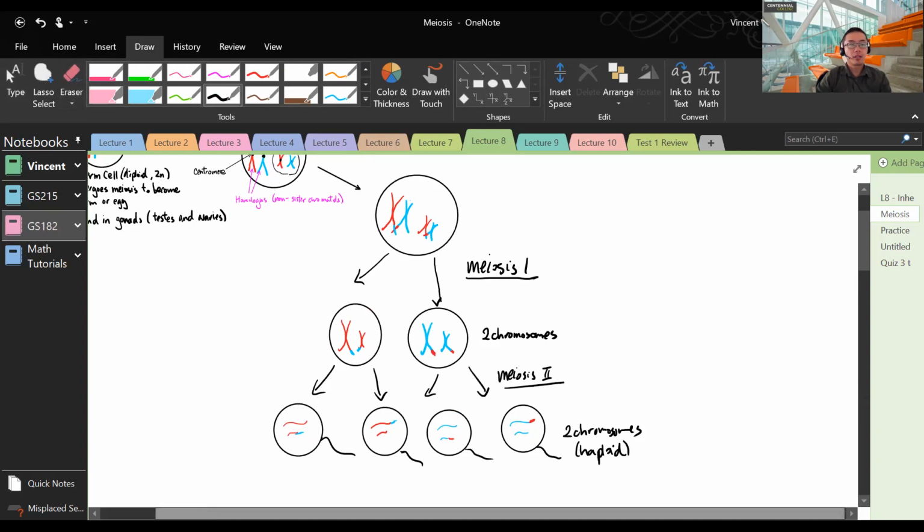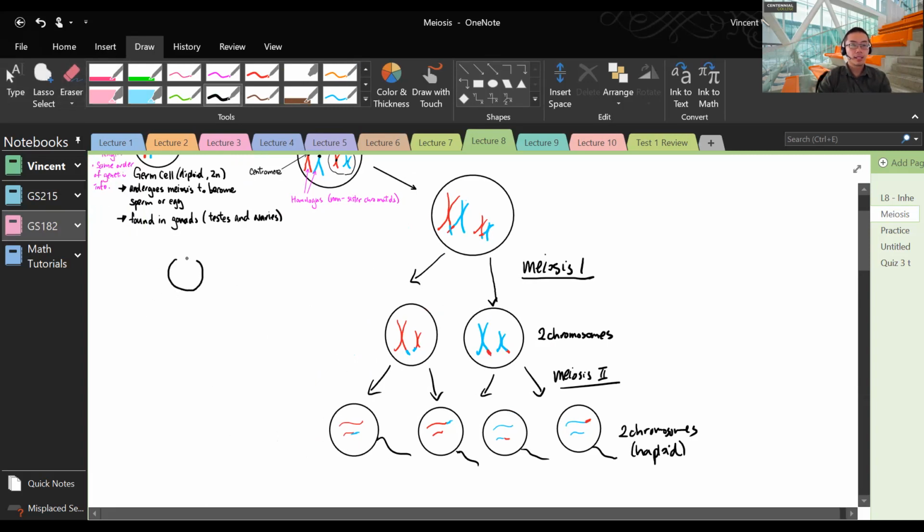If we keep track of the human cell, we start with 46. And then after DNA replication, still 46.